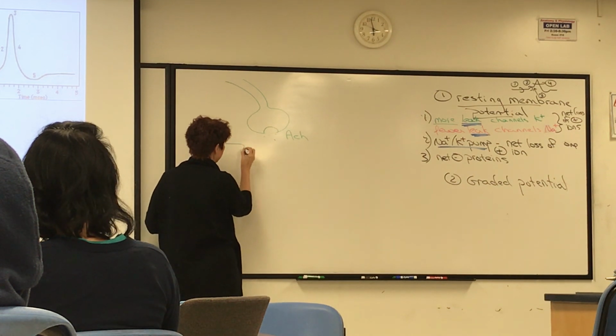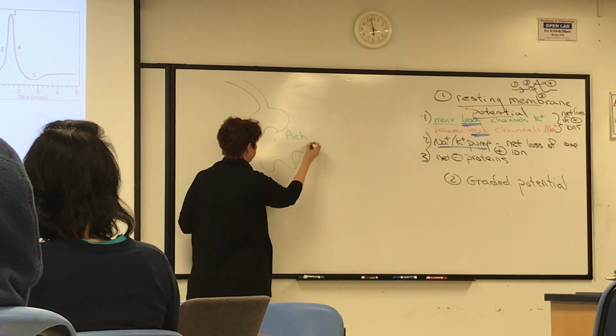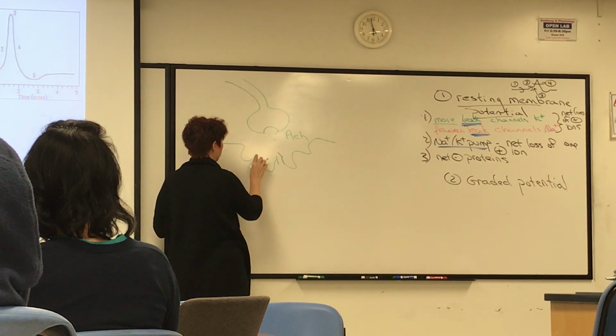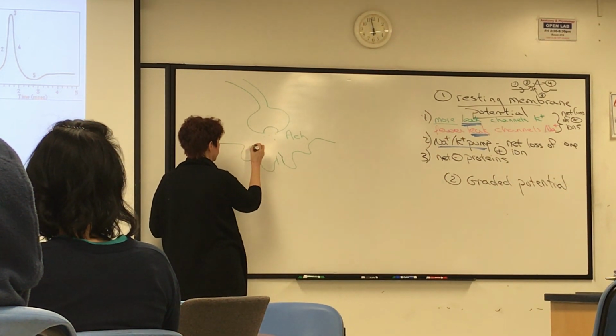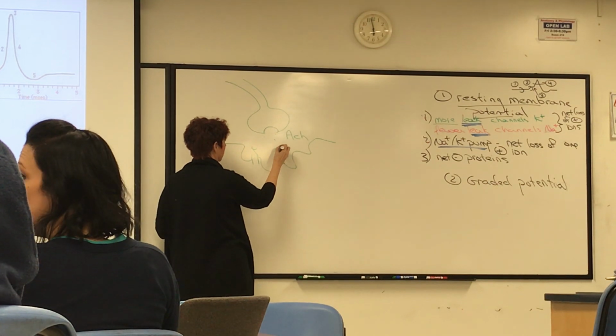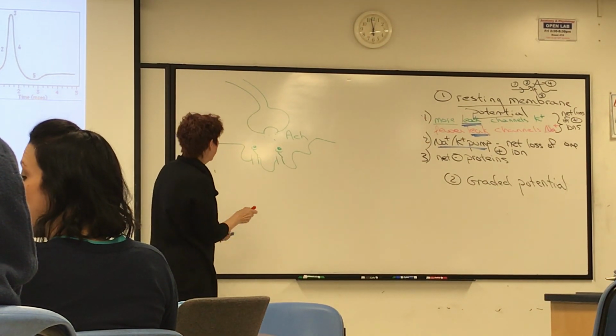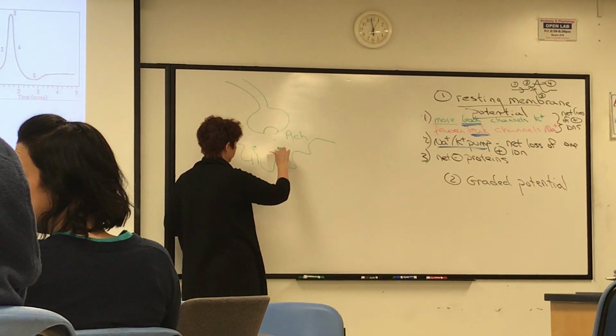And acetylcholine diffuses across the synaptic cleft and binds to receptors. That allows sodium ions to come into the cell.